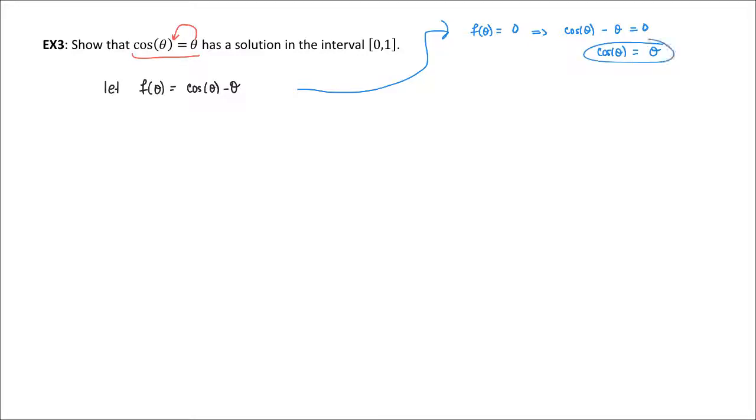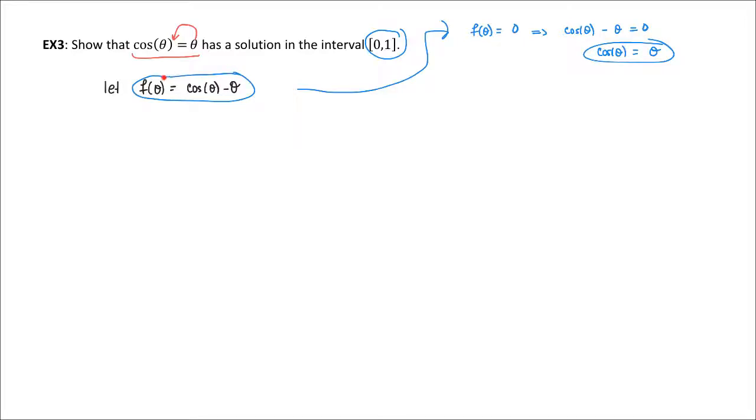And here is the equation that you were asked to show has a solution. So if I can show that f of theta has a theta intercept, like an x-intercept, in the interval 0, 1, then this is going to follow, and therefore this will follow, and therefore that will follow, and you're going to be done.